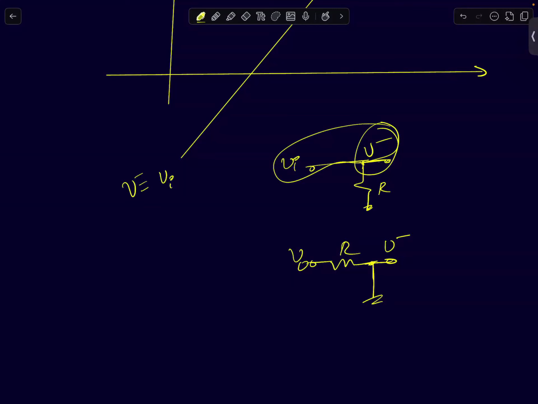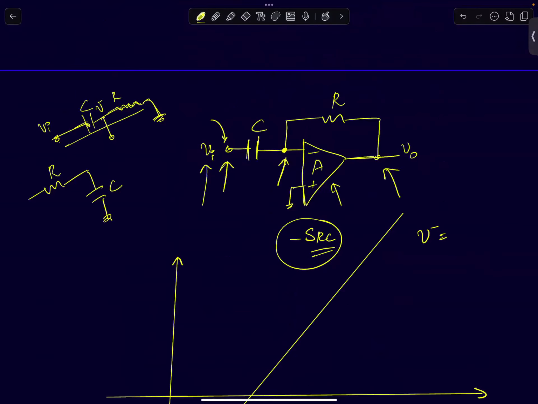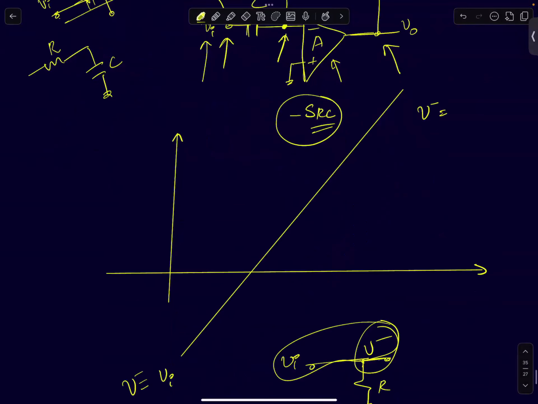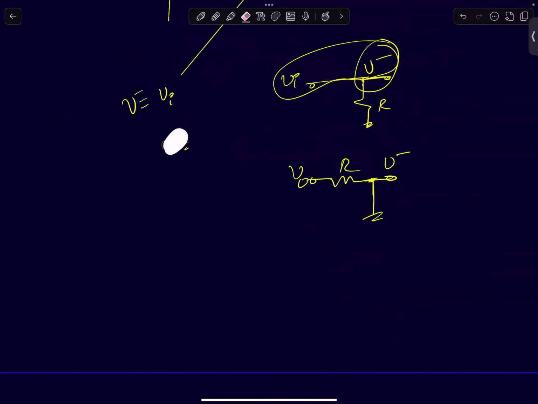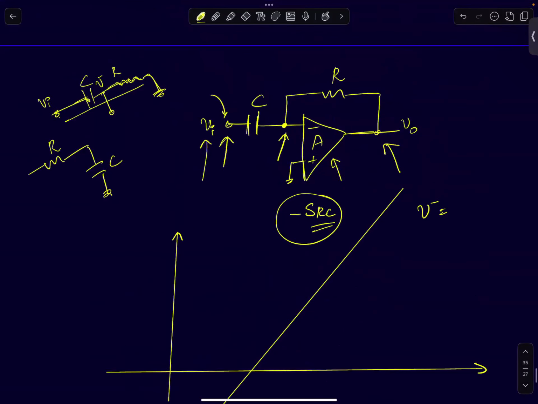At DC, at very low frequencies, most of the signal will be fed back, and V minus will be equal to V naught. So at very high frequencies, there is no feedback, and V minus will be equal to Vi. Therefore, your V naught is simply equal to minus A times V minus, which is nothing but minus A times Vi.